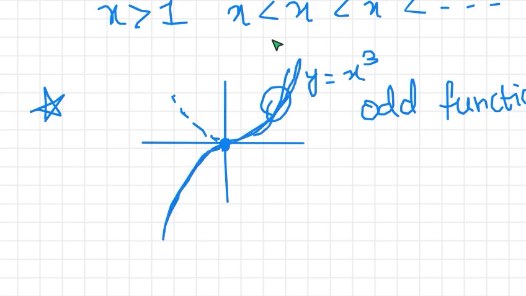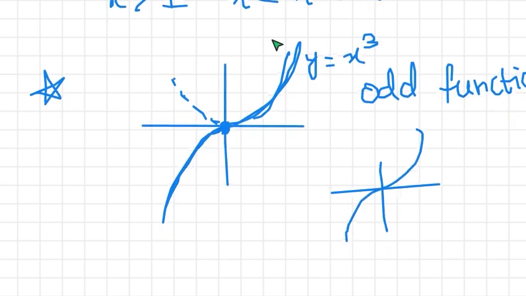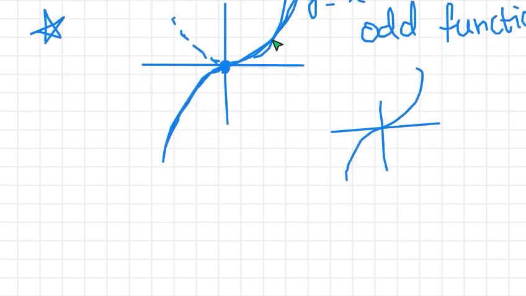Odd function, it will be like this. So the x cube graph will be something like this, which is important to remember.